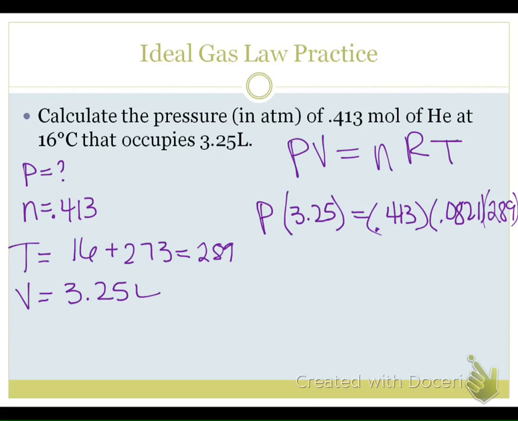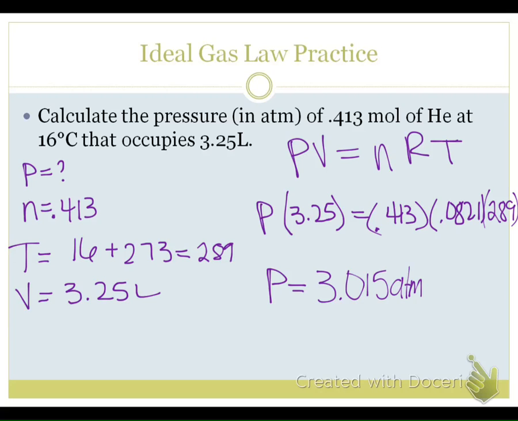Solve that whole right side, and then to get P by itself, you're going to divide over the 3.25. 3.015 ATM.